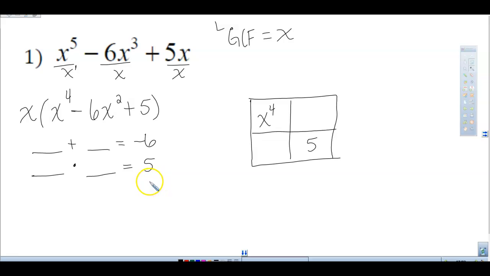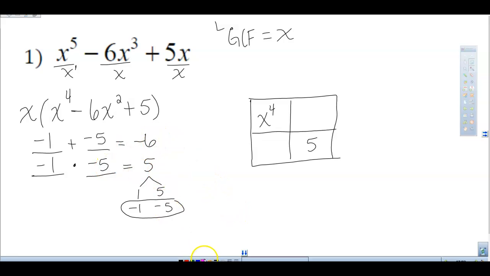So for your 2 numbers, because the 5 is positive, you either have 2 positives or 2 negatives. So that's either a 1 and a positive 5 or a -1 and a -5. So which of those would give me a -6 when I add them? The negative ones, right? So I got a -1 plus a -5 gives me -6. -1 times a -5 gives me a positive 5.